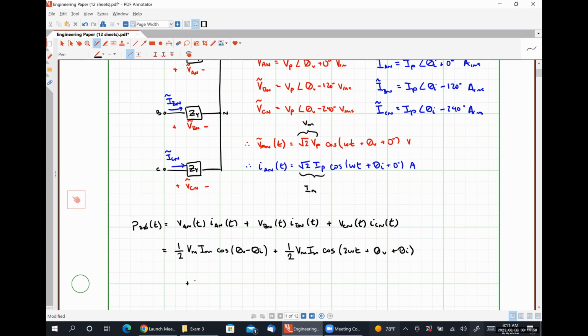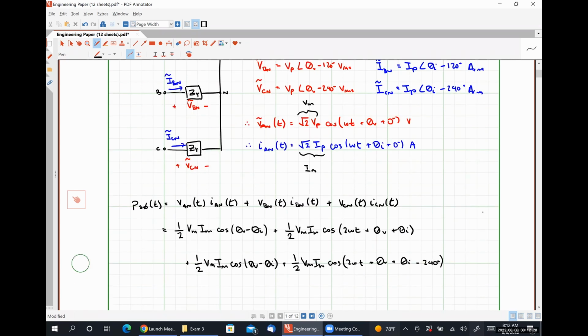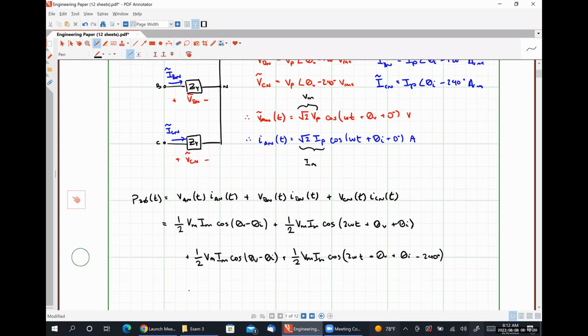And then we're going to have 1/2 VM IM cosine theta V minus theta I plus 1/2 VM IM cosine twice omega t plus theta V plus theta I minus 240 degrees, which is for the B phase.